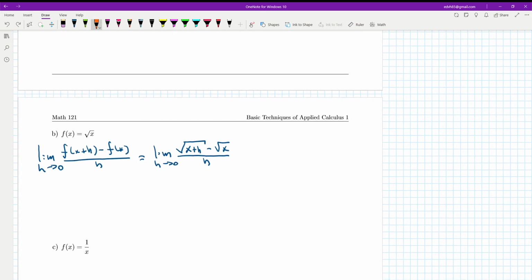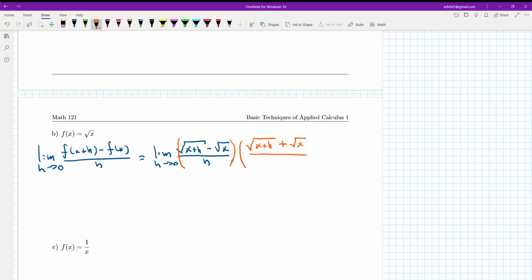Well, you might remember we already did something like this back in section 2.1, where we multiply the numerator and the denominator by the conjugate of the numerator. That is, we rationalized the numerator.